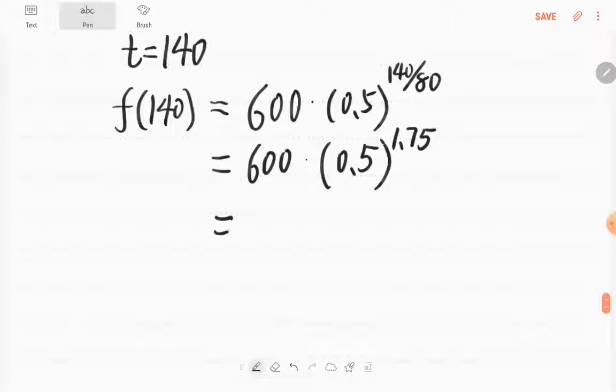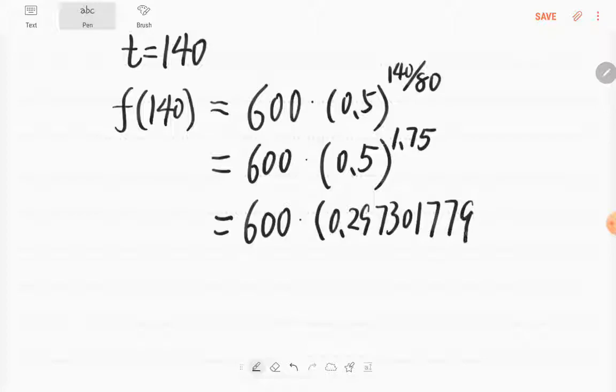Then we do the calculation for 0.5 to the 1.75, which is equal to, the first thing is you had better keep this number with as many decimals as possible, 0.297301779.